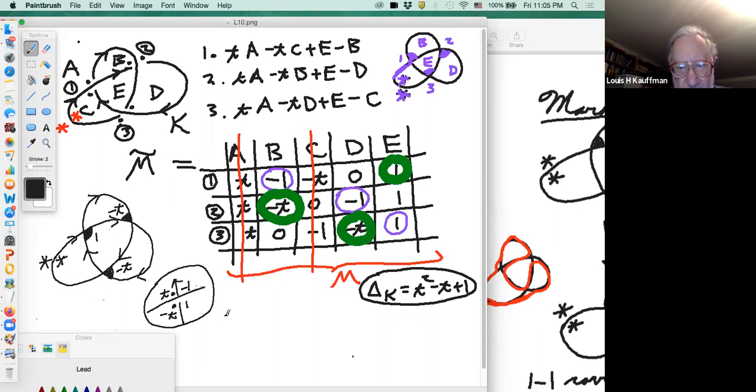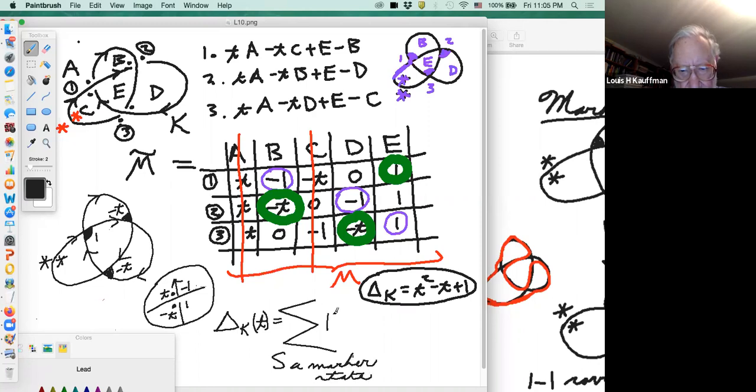So we can write the following: the Alexander polynomial in T is equal to the sum over S, a marker state, of the product of algebra bits marked by markers.